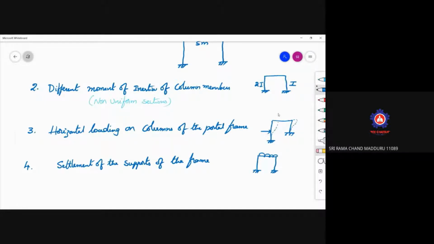But what happened is some support sunk like this. The support got a deflection like this, a support settlement delta. That will also lead to side sway in the portal frame. That is also another condition.